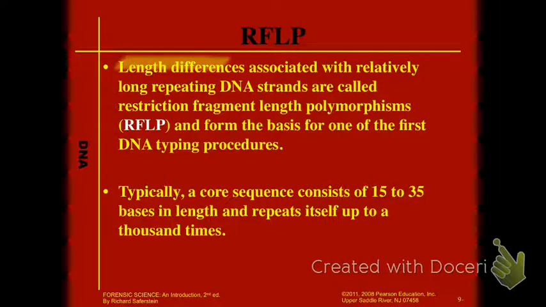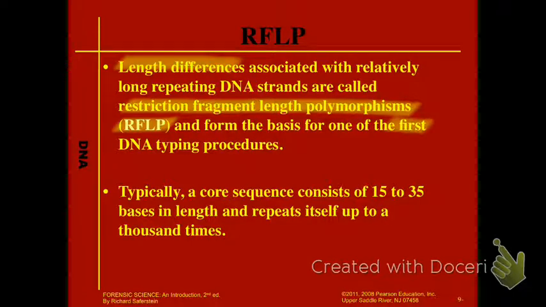These length differences are associated with long repeating strands. They're called RFLPs, restriction fragment length polymorphisms. And RFLPs were used first in DNA typing.